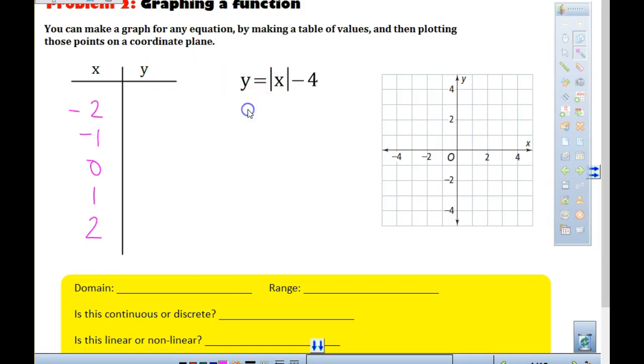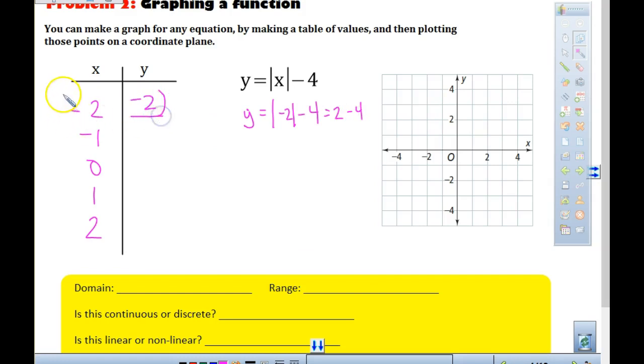Y is equal to the absolute value of x minus 4, and first let's plug in -2. So instead of x, we're going to put -2 minus 4. The absolute value of -2, which just means how far -2 is away from 0, is going to be 2, minus 4, and this answer would be -2.